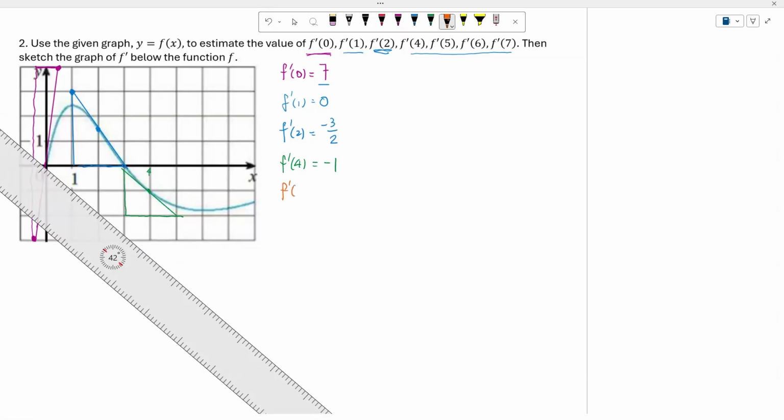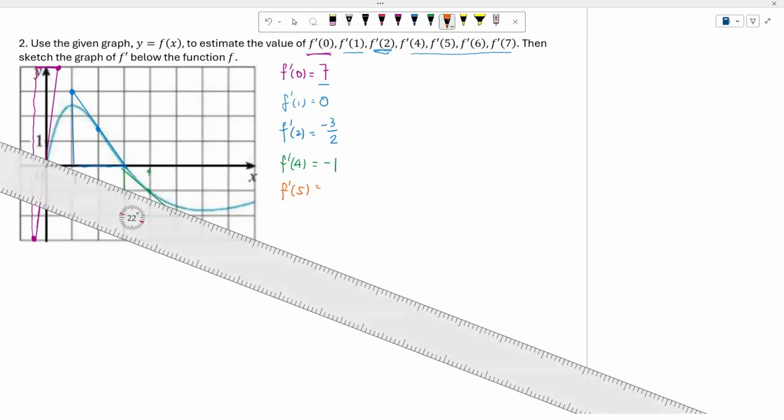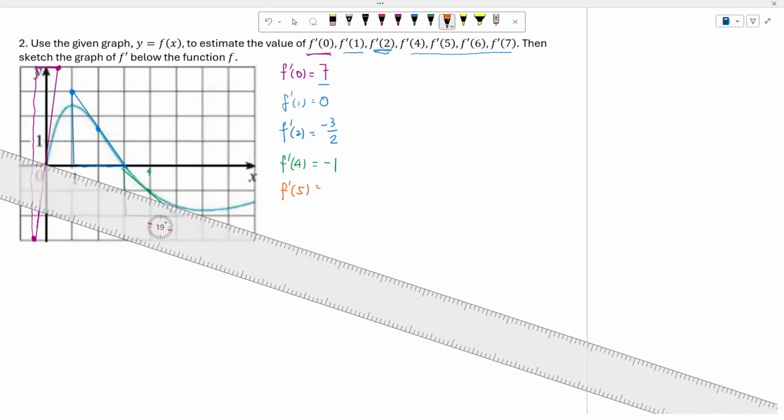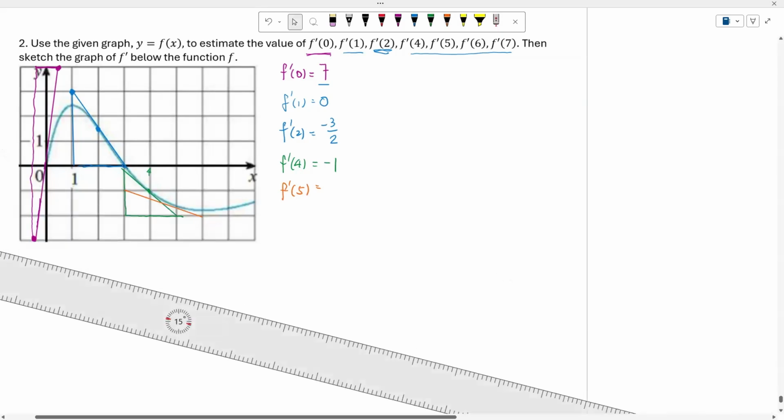And now f prime of 5. Okay, let's go down by 1 and 1 by 3.